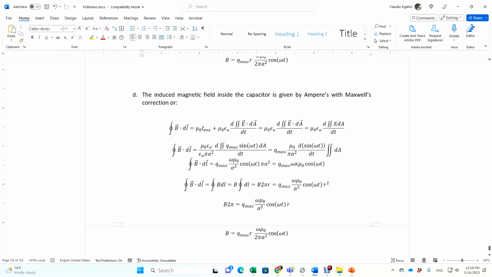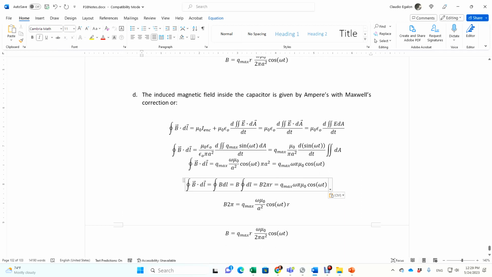The a cancels out. Notice the difference between the field outside the capacitor and inside the capacitor. This r squared, which is going to be a squared, is going to cancel out this one. And now we are left, just like before, with the left side of the integral, which is exactly the same as we did before.